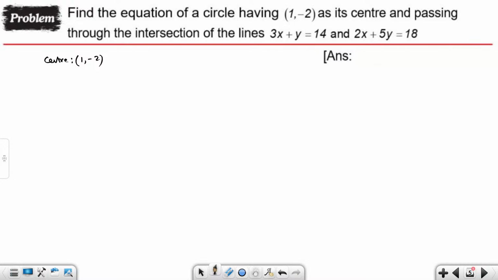Always try to find out these two things. So the center we know, and it is passing through the point of intersection of these two straight lines. Now quickly, if I solve these two equations, what are we going to have?